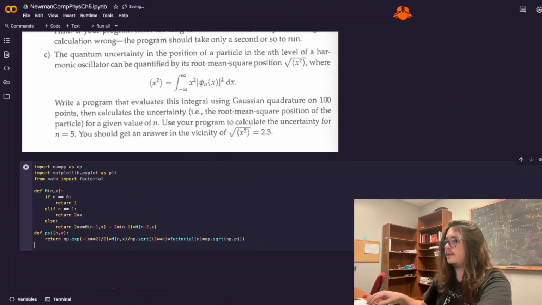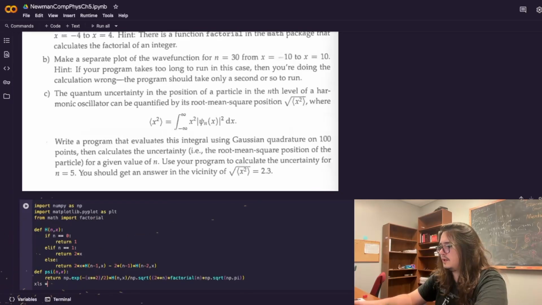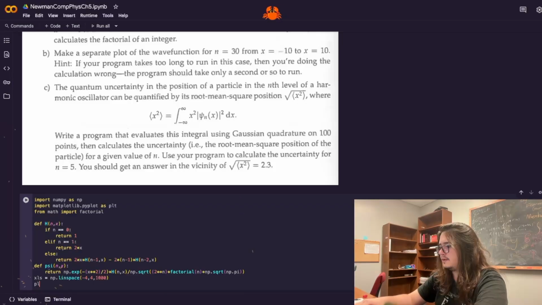Great. Then we can get into plotting the first 4 wave functions on the interval of minus 4 to 4, which should be pretty straightforward. We'll just create an input list xls as a numpy linspace from minus 4 to 4 with 1,000 steps, and then create a bunch of plt.plot lines where we're going to plot xls versus psi of 0 for the first one, xls with the label.